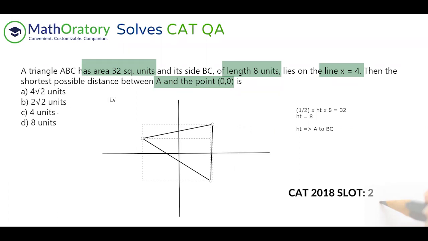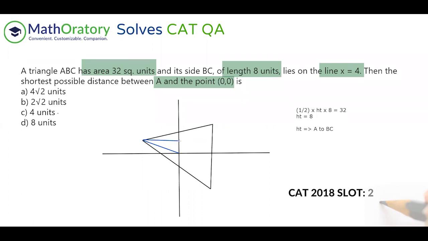Now it is pretty obvious we are trying to minimize the distance of A from the point 0, 0. If you place the vertex on this side, A goes farther away from the origin. But if you place it on the other side, it is a little closer. But what will be the closest that we can go? If you place it somewhere here, the distance of vertex A from the origin will be this line.